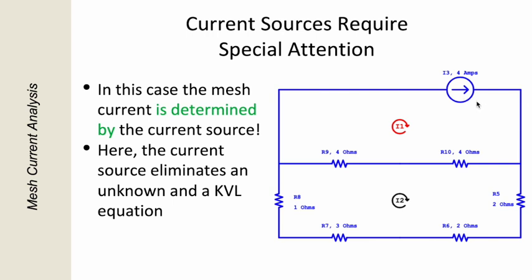Well, meanwhile, the current source is determining the current in that branch. Therefore, in this configuration, I1 is actually determined by the current source. Hence, that is not an unknown. The current source has eliminated that unknown and thus also eliminated the need for the corresponding KVL equation, so we don't need to know the voltage across that.